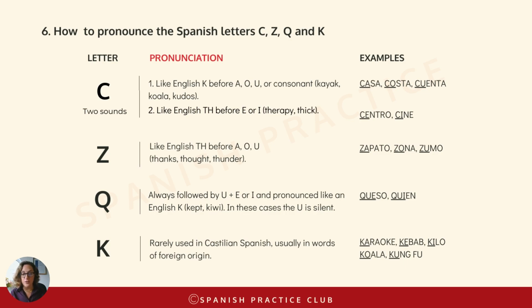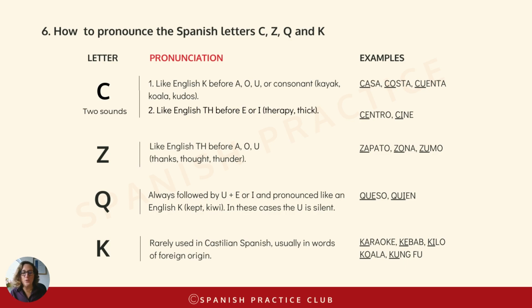We pronounce it like your English K, for example in words like kiwi or kept. In these cases, the letter U we do need to write down in written exercises, but in speaking, the letter U is silent. For example, we have queso and quien.